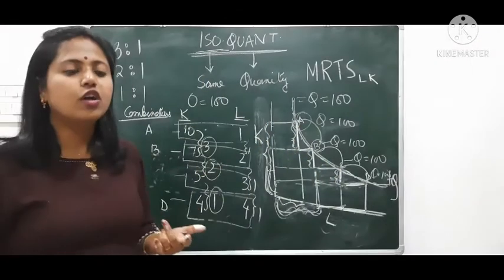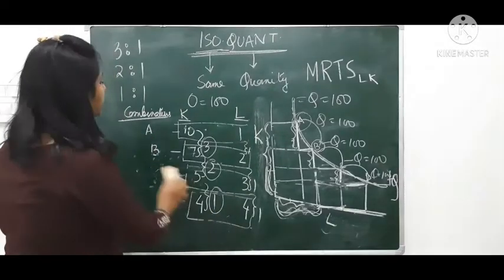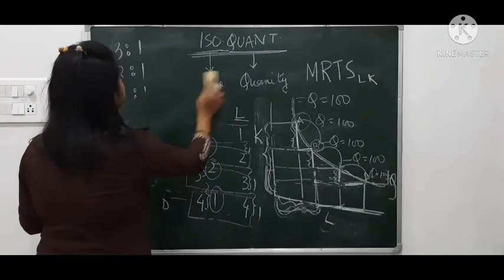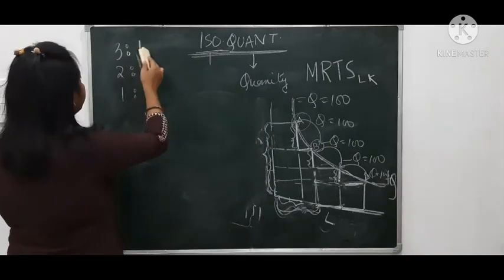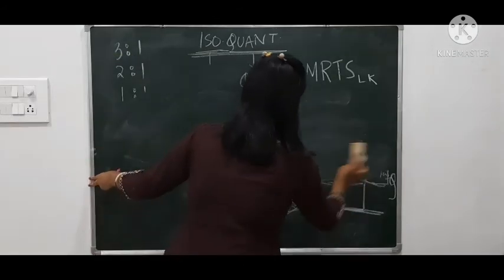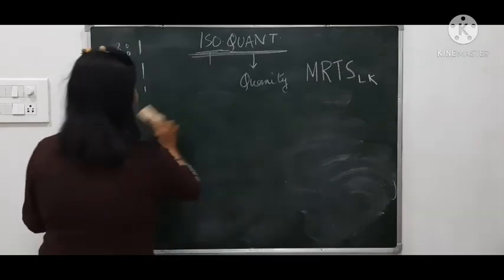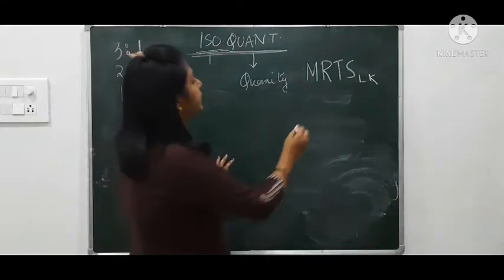Okay, so I think it is clear. Now the question is why it is like this, that initially you are sacrificing 3 and then 2 and then 1. Why is the marginal rate of substitution, MRTS, marginal rate of technical substitution, why are we calling it technical?